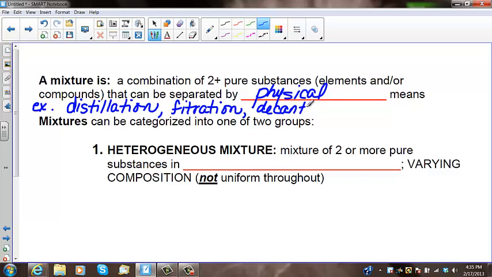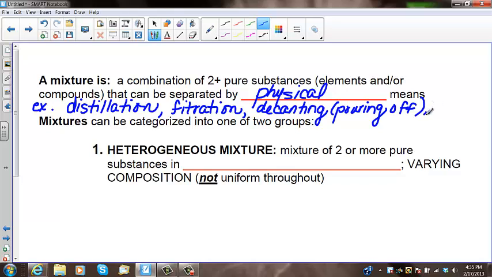And when we say decanting, that's simply another way of saying pouring off. So let's say I have two substances that have different densities. And I want to separate them, I could put them in the same flask and let them separate and then pour off the substance with the lighter density.